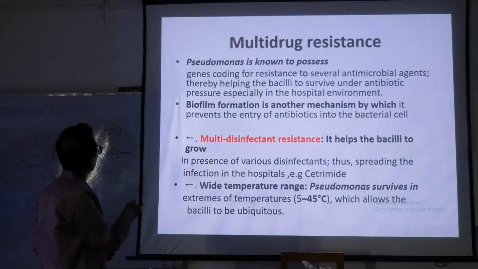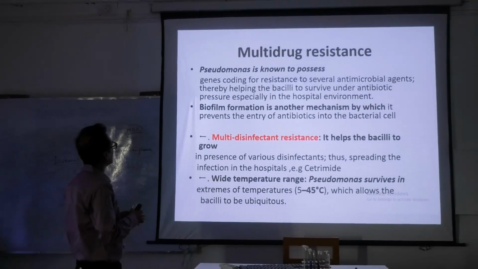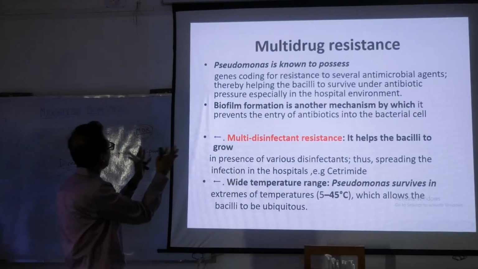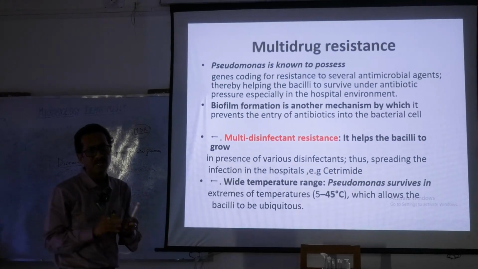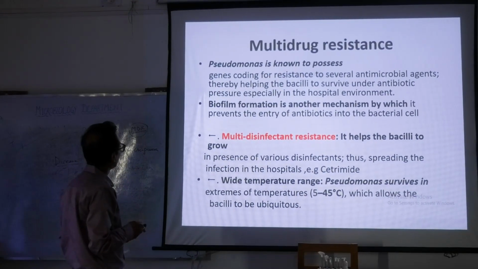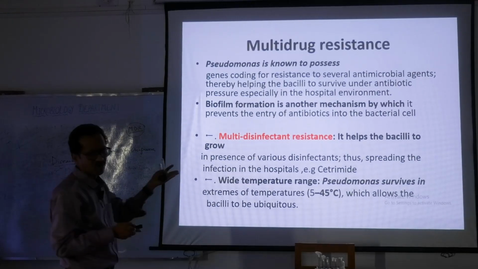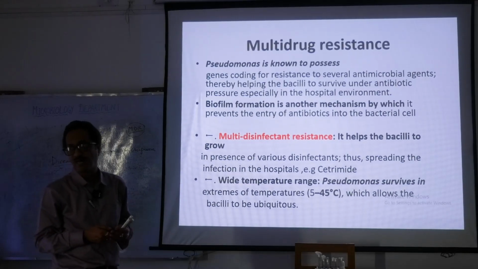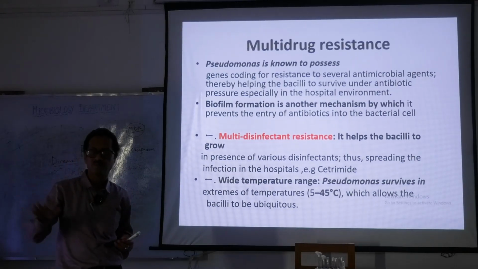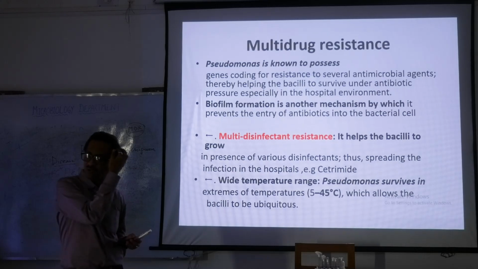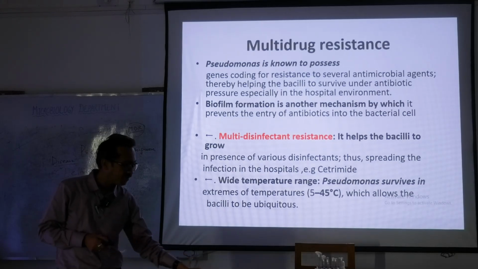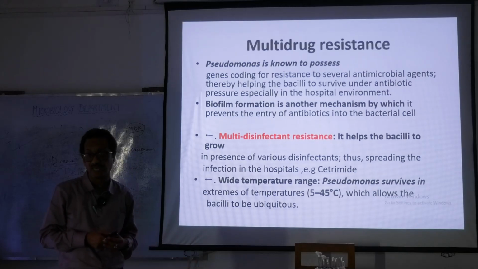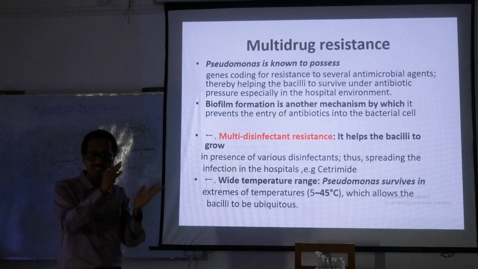It is known to possess genes coding for resistance to several antimicrobial agents. Biofilm formation: biofilm is typically not asked in undergraduate. A thin layer on a solid surface can form a biofilm, and you should know something about quorum sensing, which I told last class.